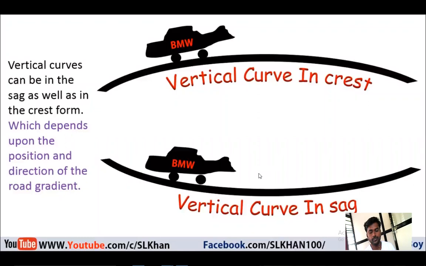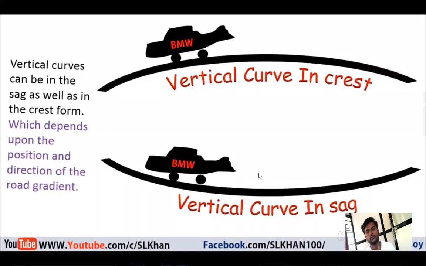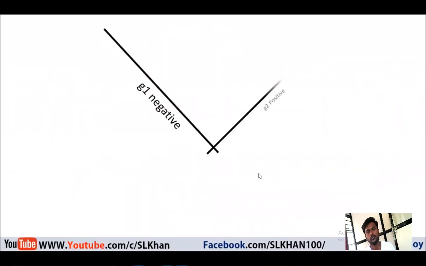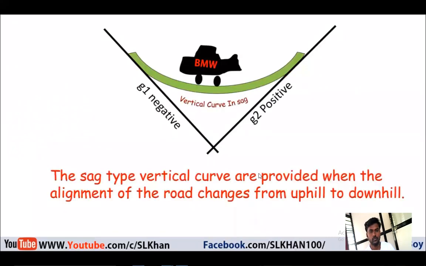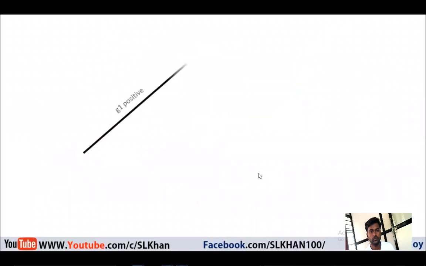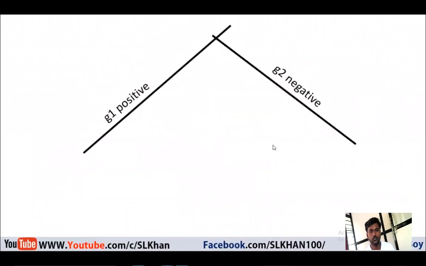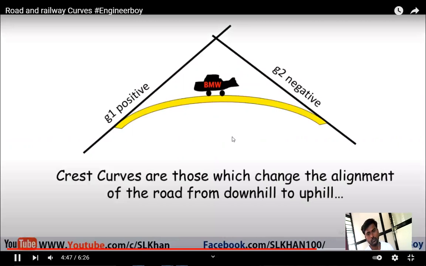For example, sag type vertical curves are provided when the alignment of the road changes from uphill to downhill. Similarly, crest curves are those which change the alignment of the road from downhill to uphill.